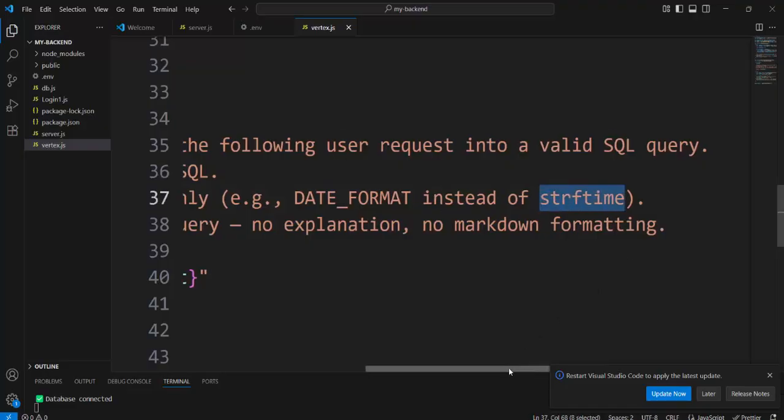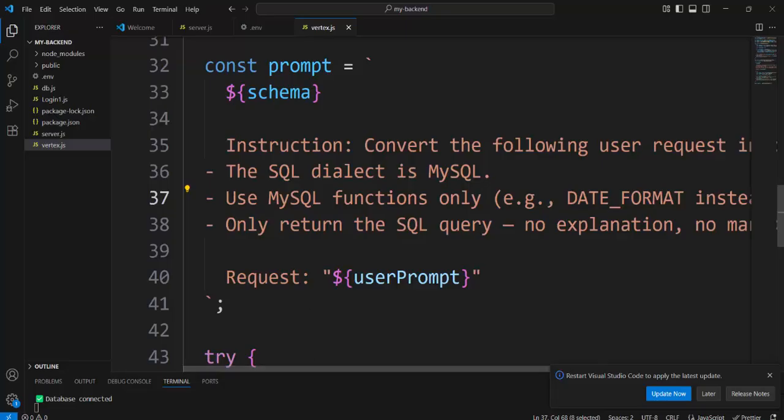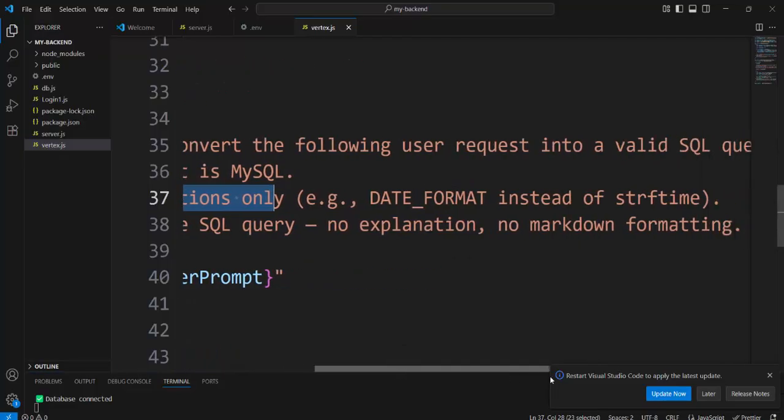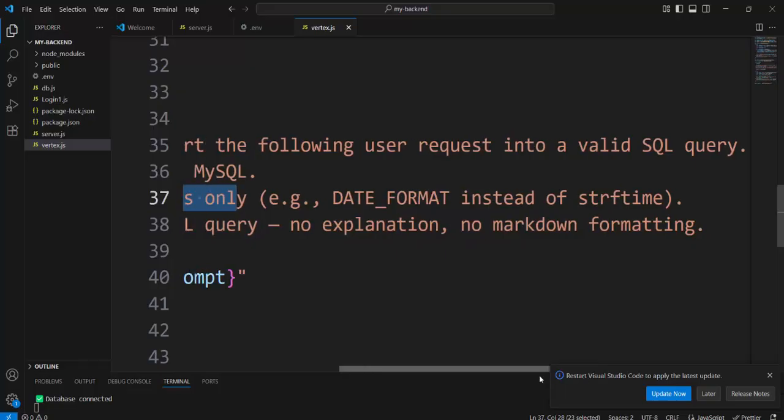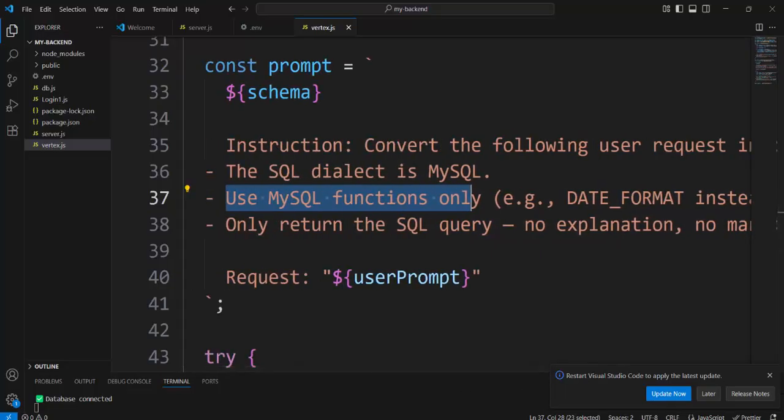The solution was to incorporate this instruction: use MySQL functions only, and strictly say date format instead of strftime. It is excellent that ChatGPT helped me in this situation.